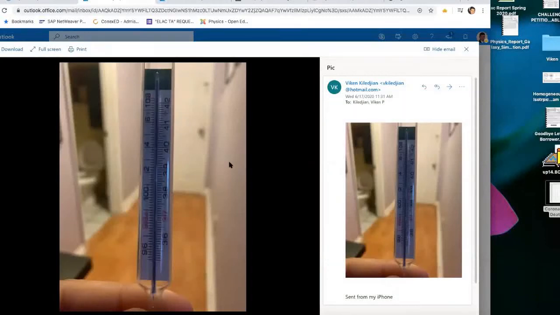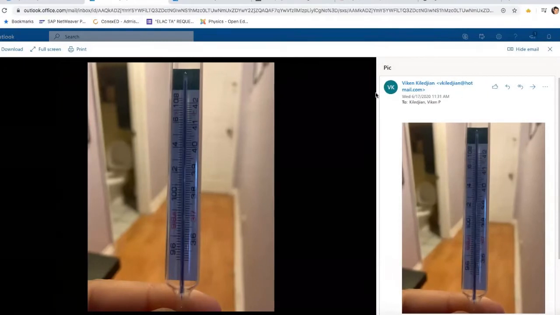I have this thermometer at home, and it's one of those mercury thermometers. You see how there's a tube here, and there's mercury inside of it, and it's calibrated so that I believe the separation between the Celsius marks from here to here is a centimeter: 38 Celsius, 39 Celsius, 40 Celsius.